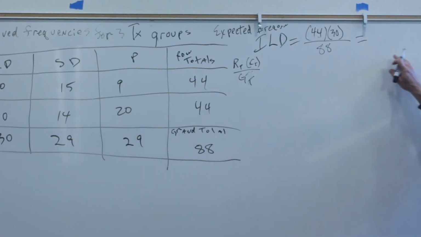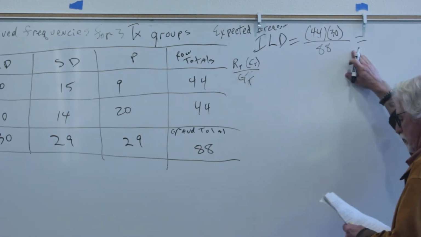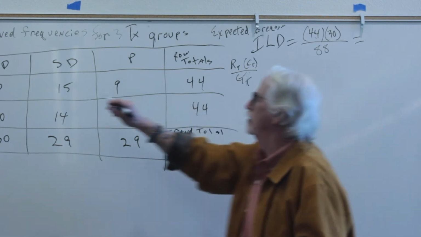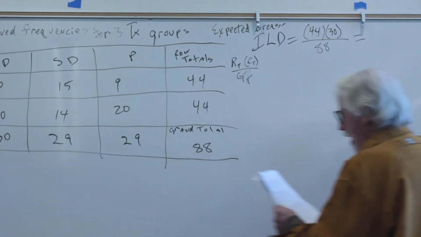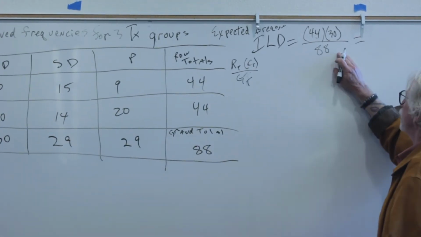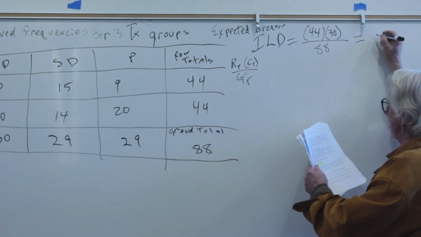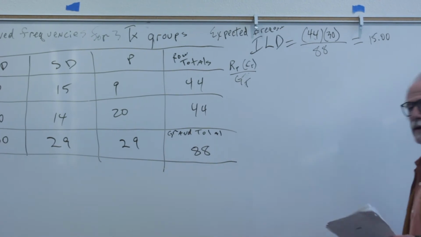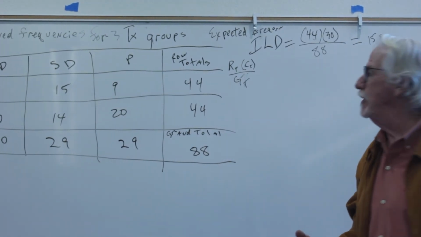So this is it. So for the improved large dose people, sorry, I keep saying low dose. This is large dose and small dose. For the improved large dose people, this ends up to be 15. Okay? Now you've got to do that for every category.